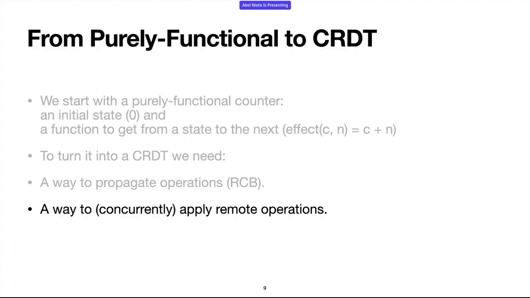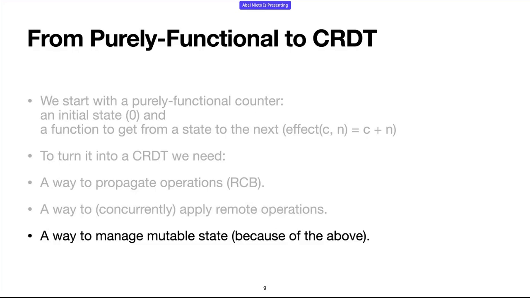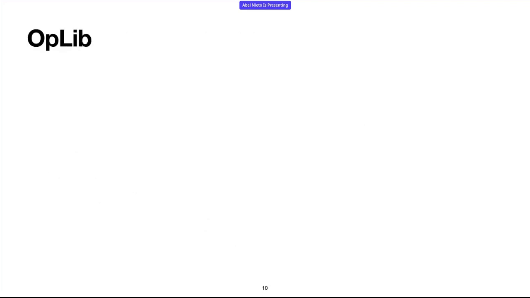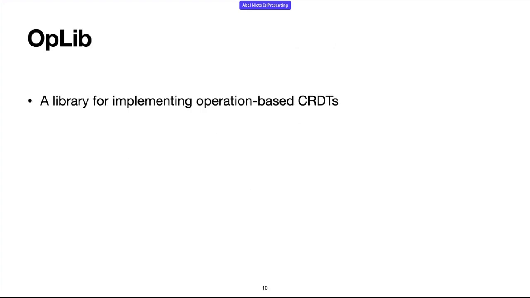The user might be doing something on the CRDT locally while a remote operation arrives, so there needs to be a way to synchronize these things. And a way to manage mutable state if your implementation uses mutable state, like ours does. All of these things are what the library called OpLib provides for you, so that the user can just focus on the purely functional implementation.